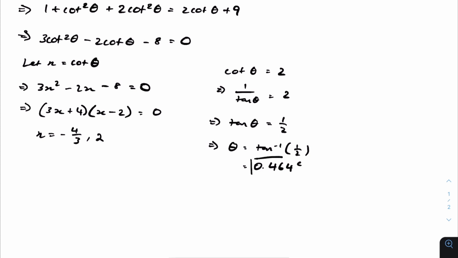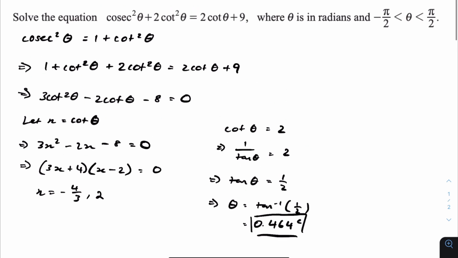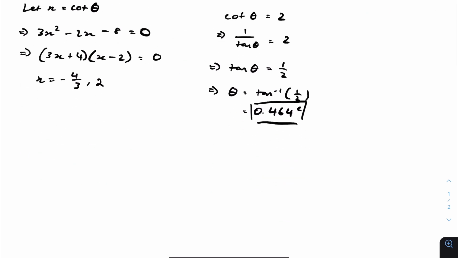That denotes radians. And we've still got a few more solutions because it's in between negative pi over 2 and pi over 2. So what we could do is look at the other side, the inverse of tangent of this solution here. So we got cot theta is equal to negative 4 over 3.